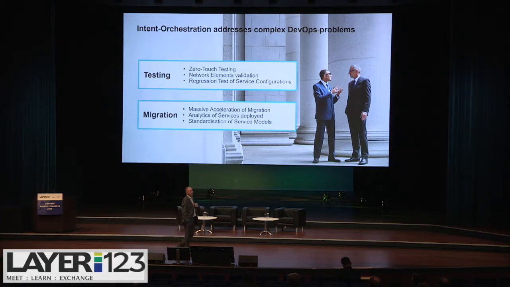We believe with this kind of an approach, you can transform the way you've been doing migration. You get more information on what you actually have in your networks. And last but not least, you are actually able to start standardizing your service models.